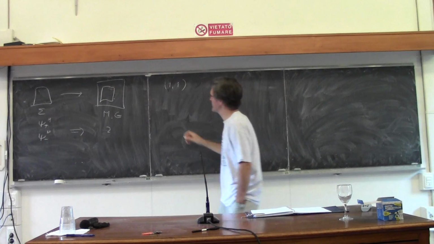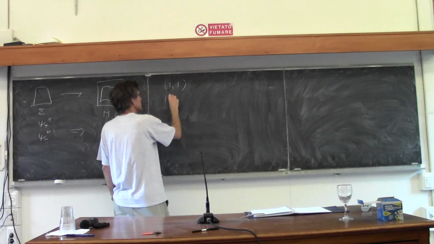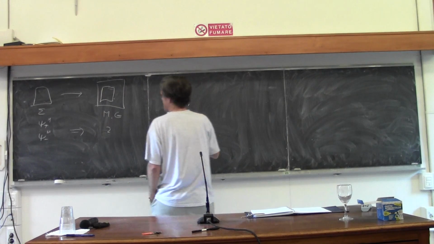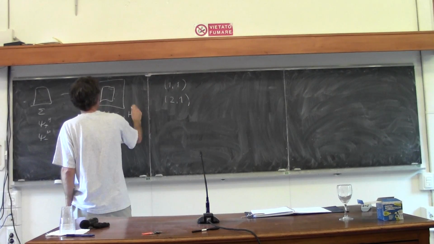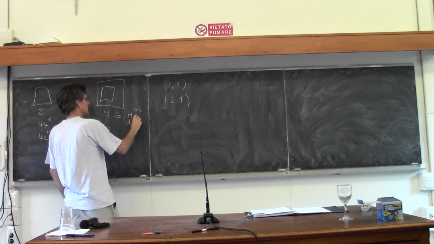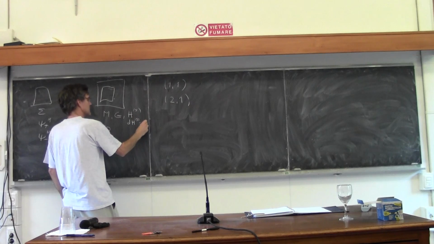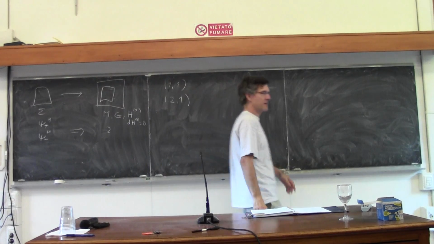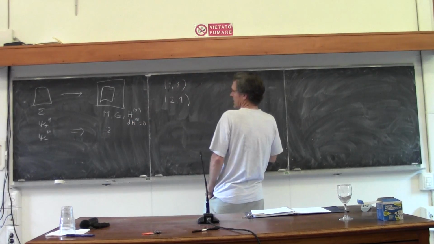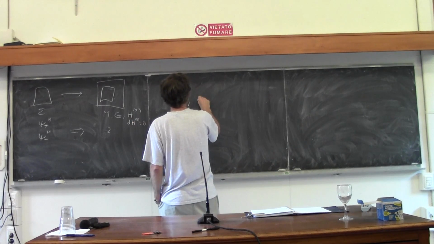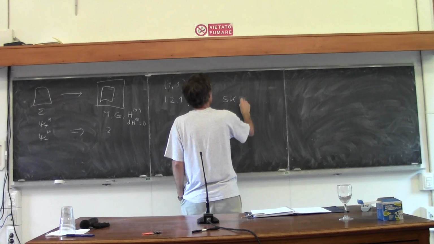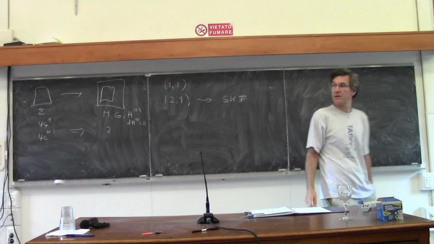But if I require more supersymmetries, there's a closed three-form also in the general case. So if I add one more supersymmetry in one of the sectors, this will lead to SKT geometry.